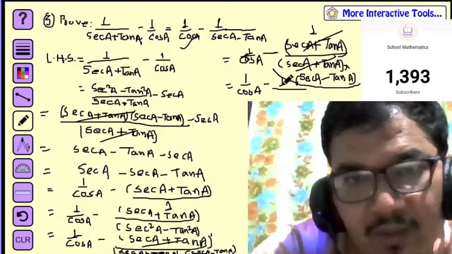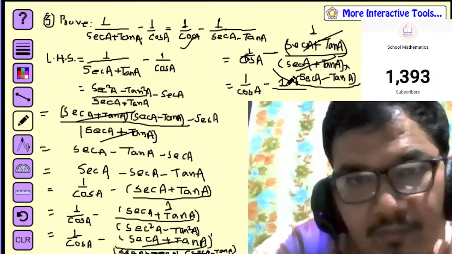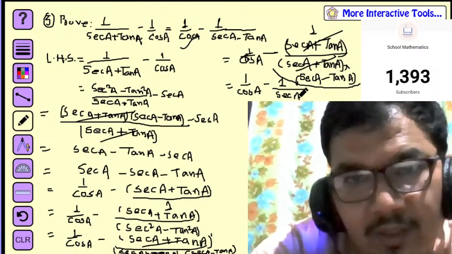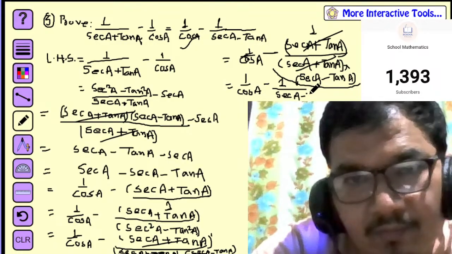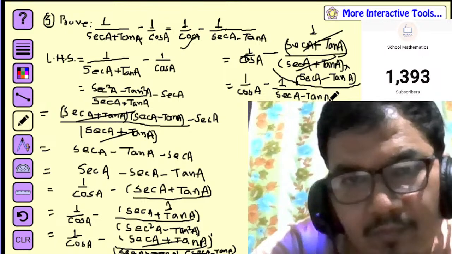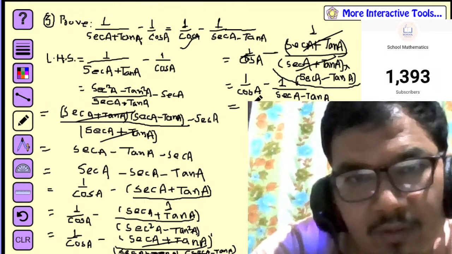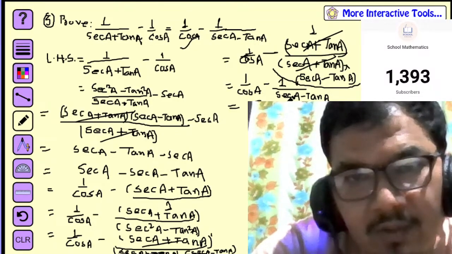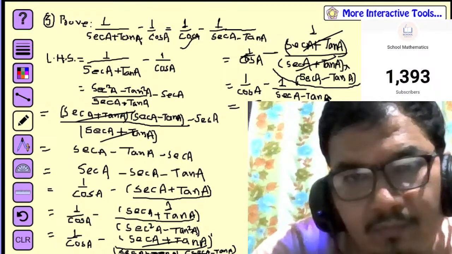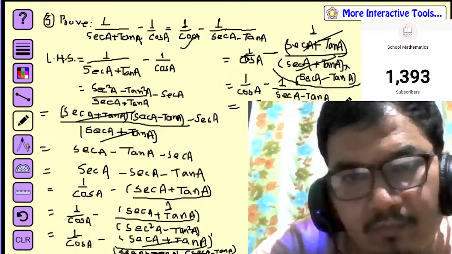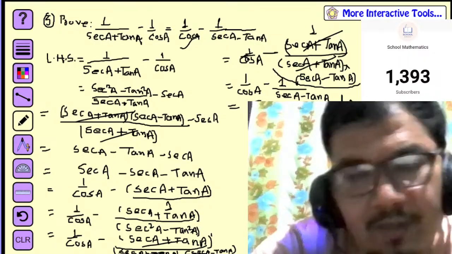Here is remaining 1 by sec A minus tan A right here, sec A minus tan A. Right, this is our right hand side to bring, and hence proved. We obtain the right hand side, then proved here. It is proved.